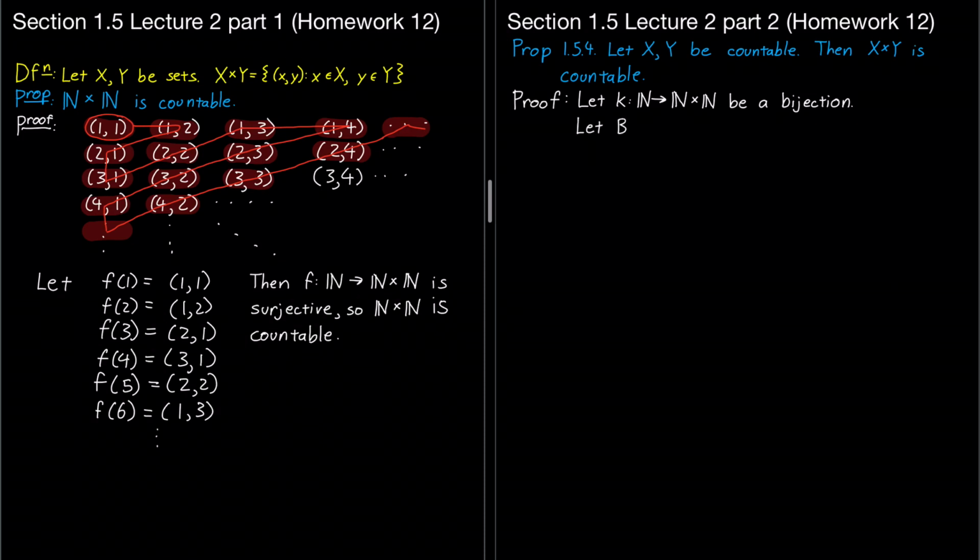Let B and C be subsets of the natural numbers. And we're going to let G go from B to X, and H go from C to Y, be also bijections. And this is where we're using the fact that X and Y are countable. All that gives us that G and B and H and C exist.